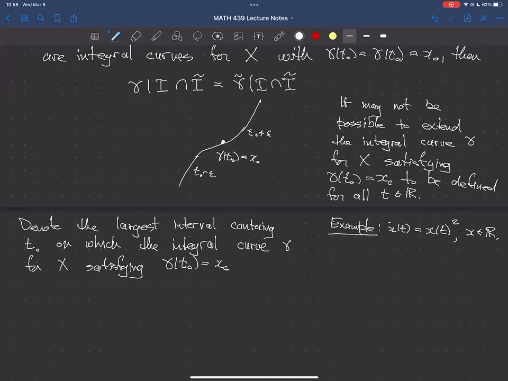So I have a t naught and an x naught, and I have a local integral curve defined for small times near t naught, and I'm going to extend that. The largest interval on which that integral curve can be extended, I'm going to call I sub x of t naught, x naught.